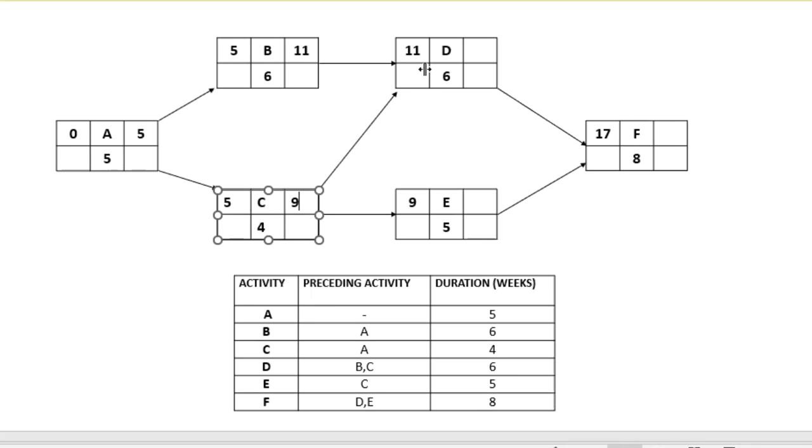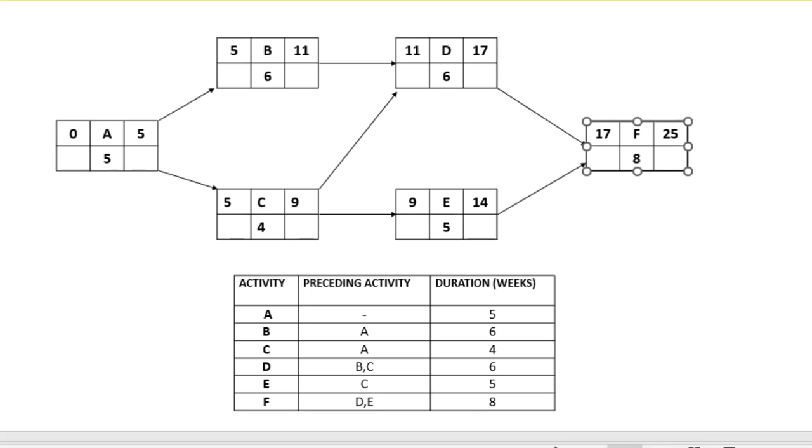So the earliest finish time for D is 17 weeks. 11 plus 6, 17. The earliest finish time for E is 9 plus 5, that's 14 weeks. The earliest finish time for F is 17 plus 8, that's 25 weeks.